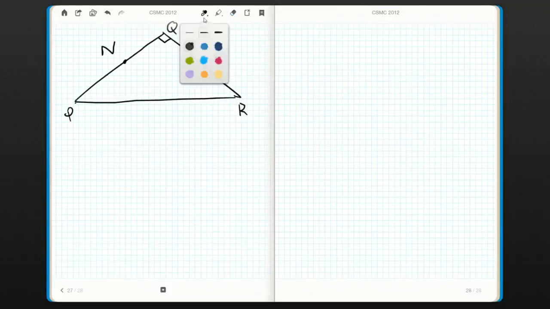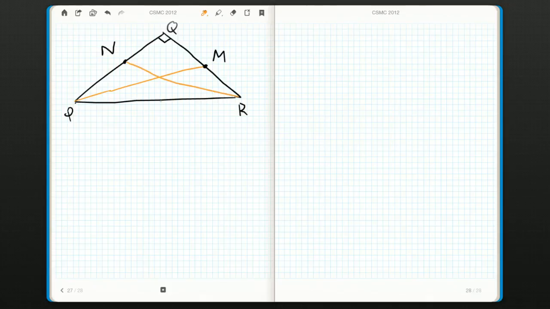We'll give these guys a different color. Let's say orange. Okay, so they're medians. One of the things that tells us is that they split the side lengths in half. So what were these side lengths again?